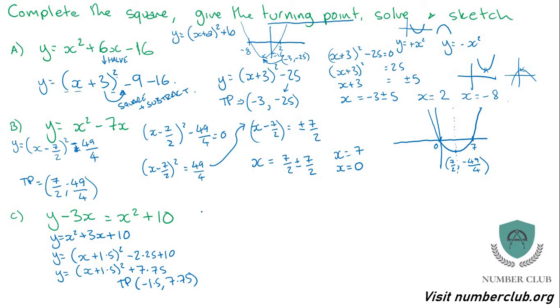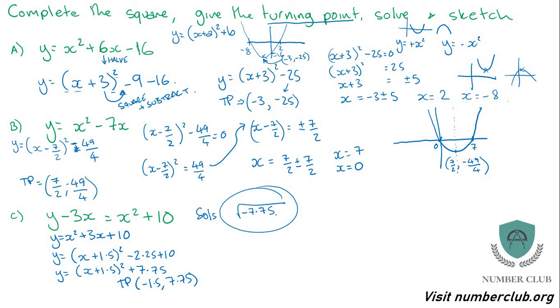The solutions, in this case, I'm going to go a little bit quicker with it. I'm going to say I'll have -7.75, move it over, and then try to root it. Can you root that? Does it root?